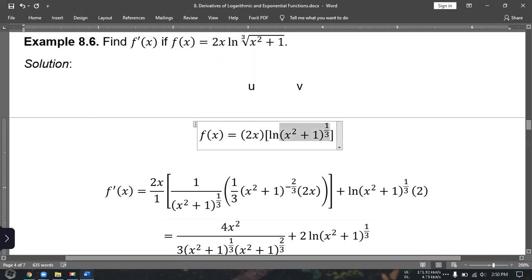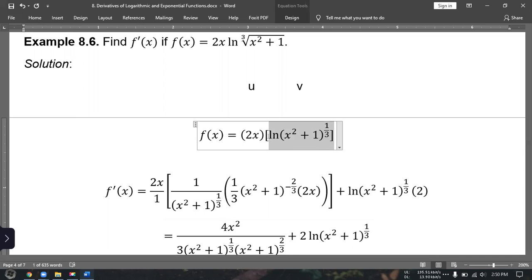Okay. Here. We can actually apply the properties. Now, if you are avoiding the chain rule, you could have just applied the property here, where our exponent here becomes the multiple of the natural logarithm or the coefficient of our natural logarithm. So possible din yun.